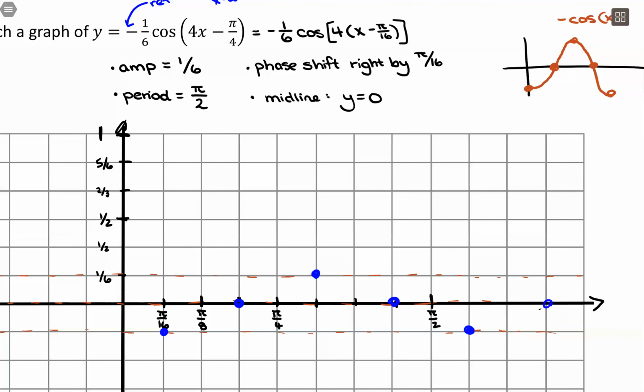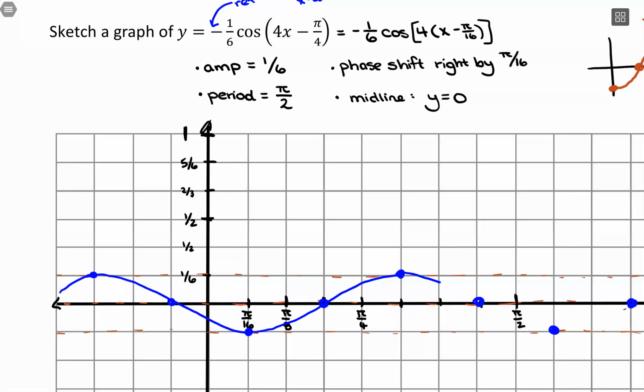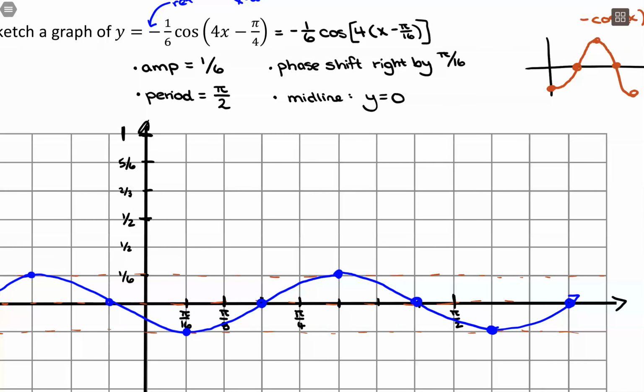So I go over here, we could cross the midline, over here, midline, maximum, and then down below. So this is pretty nice and stretched out, but we can really see everything. I just need to be careful connecting the dots. And that would be our graph.